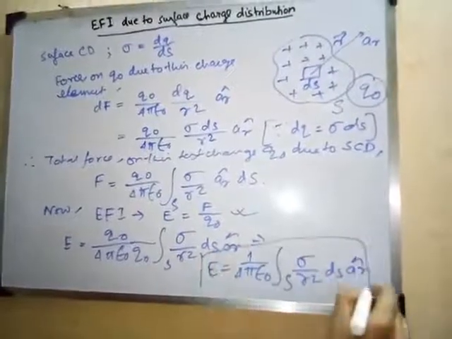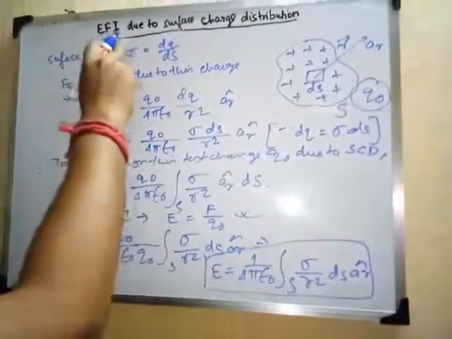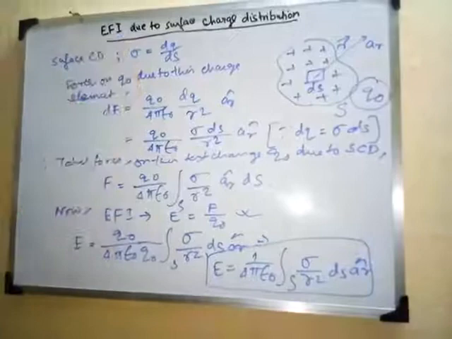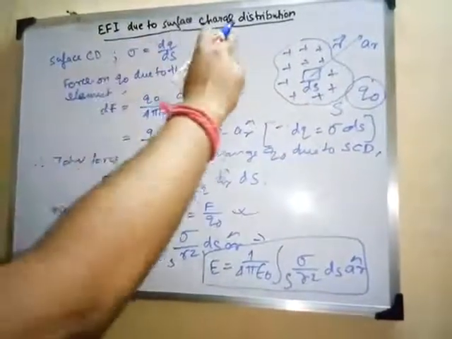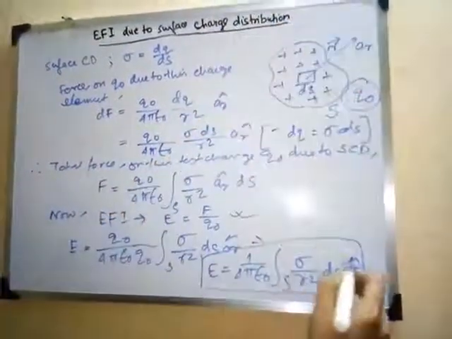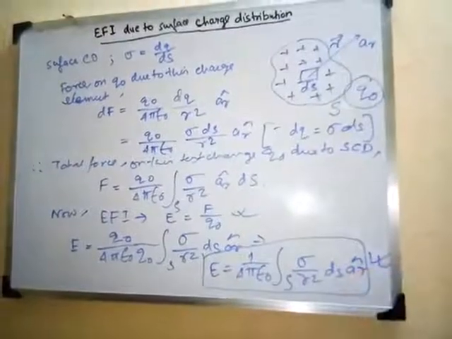This will be your expression for the electric field intensity due to surface charge distribution, that is SCD. This will be your final expression.